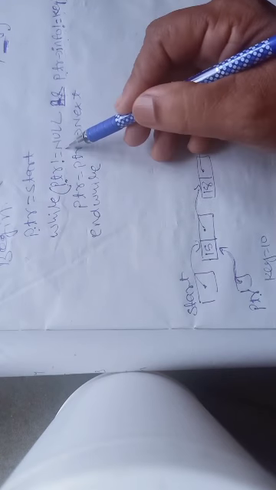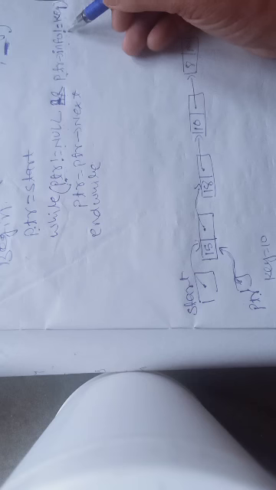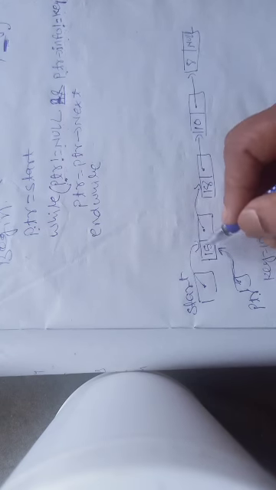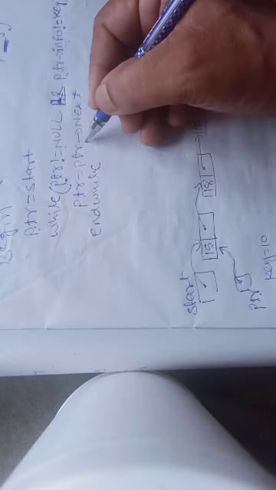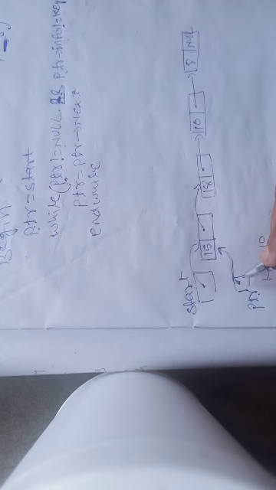So ptr not equal to null is true, and ptr of info not equal to key is also true, because here info is 15 but my key is 10, so ptr of info is not equal to 10. So both are true. Then the loop will enter here and ptr will be updated to the next field. So now ptr will point to the next node.